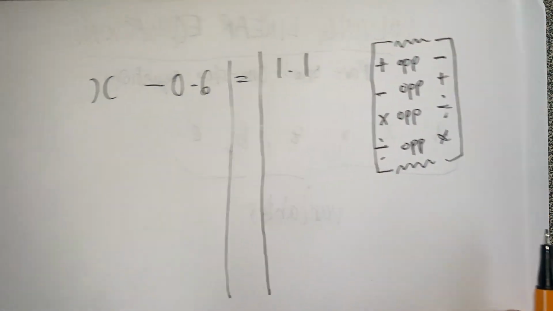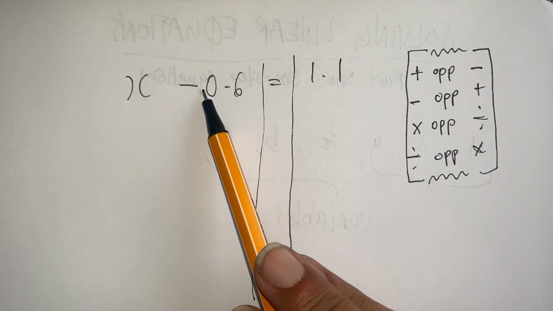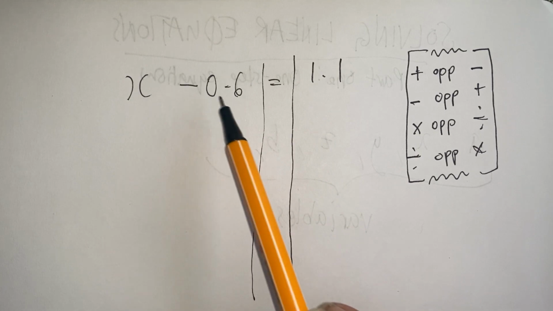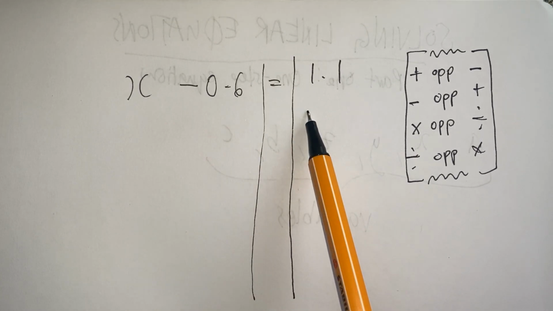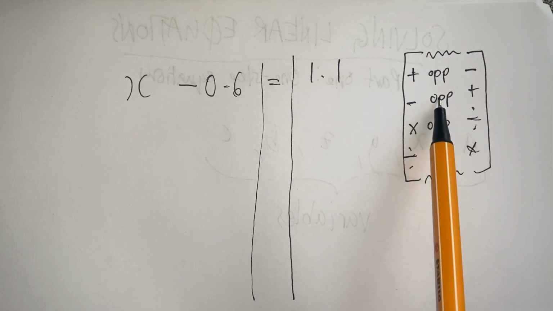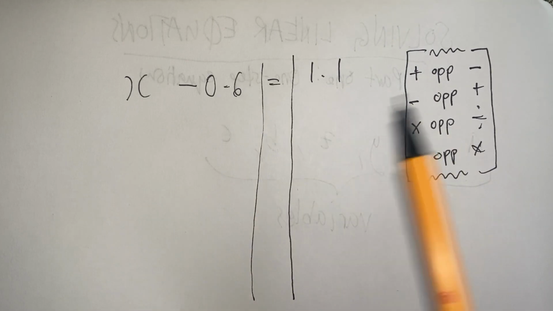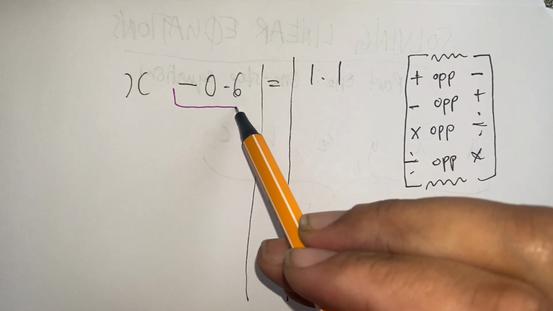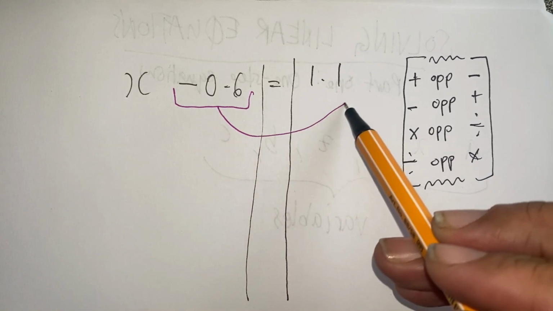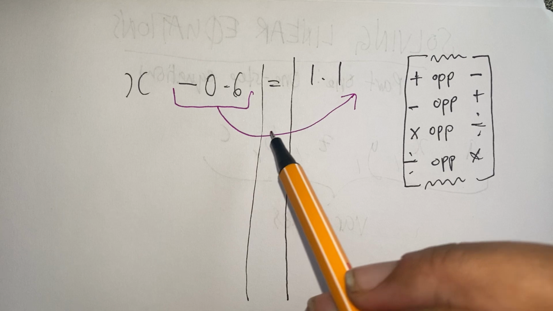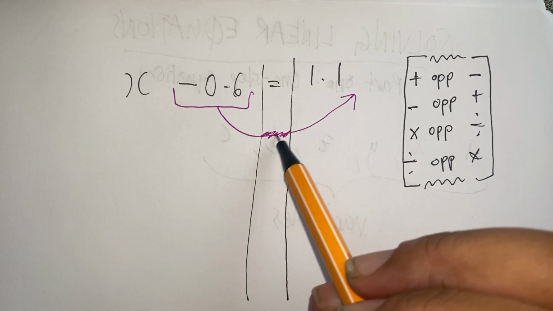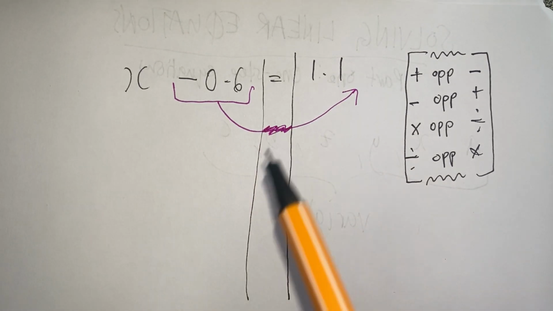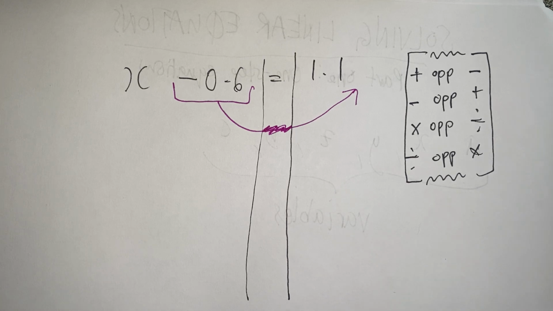Remember, whenever we shift a number or a variable across the equal sign, it will become the opposite. Now let's have a look at how that would change. I need to get rid of the negative 0.6, so I'm going to throw it across. Every time it crosses that equal sign barrier, it becomes the opposite.